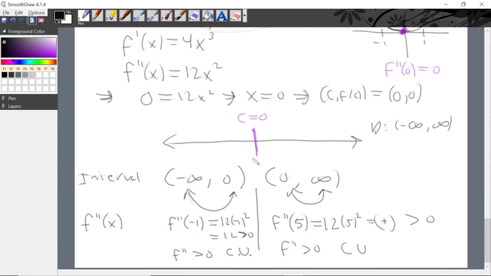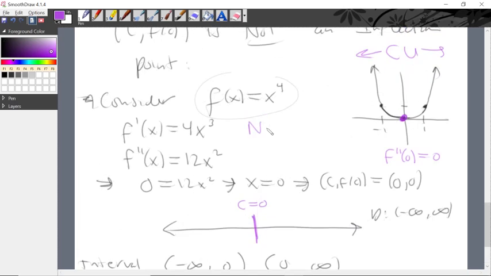So we have the curve is concave up to the left, concave up to the right, even though the second derivative was equal to 0 there. So is this an inflection point? It is not an inflection point. So this curve has no inflection point.